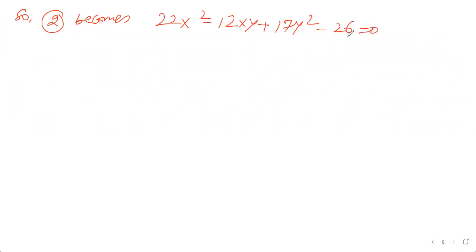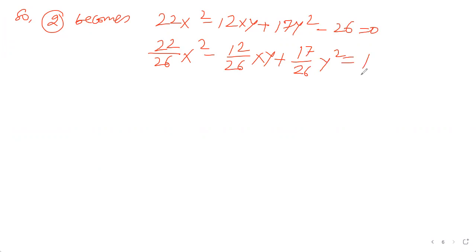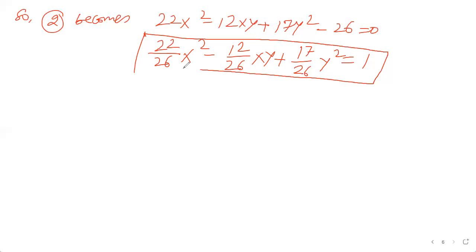We will make this into standard form and divide by 26, taking it to the right hand side. So it will become 22 over 26 x square minus 12 upon 26 xy plus 17 upon 26 y square. So it is the standard equation ax square plus by square plus 2hxy is equal to 1 form.